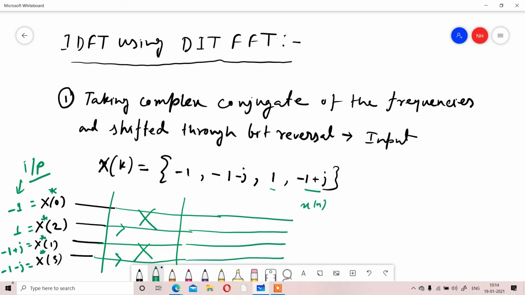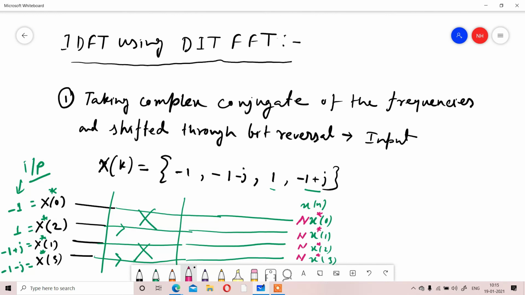the xn value will be in the normal order: x0, x1, x2, x3. But one change will happen here: first of all, all values will be conjugate. Whatever the x value you are getting, you have to make that value conjugate. Means you get your output in conjugate form, and also multiplied by n.